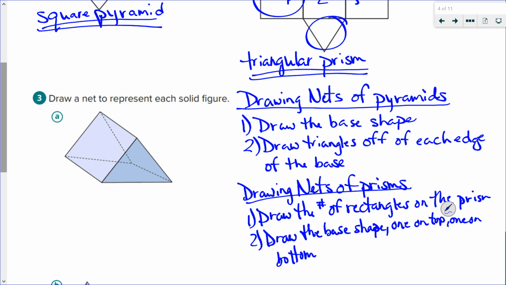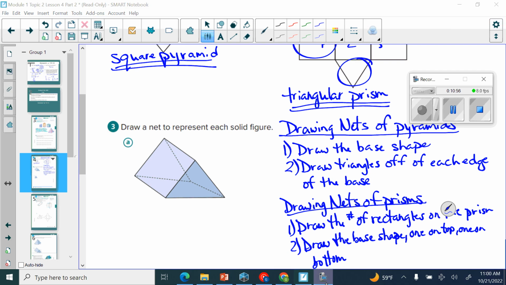Okay, so I know I wrote that pretty quickly. I'm going to give you guys just a minute to catch up. And then we'll actually look at doing an example of these.